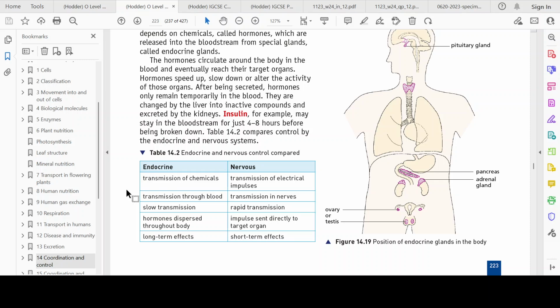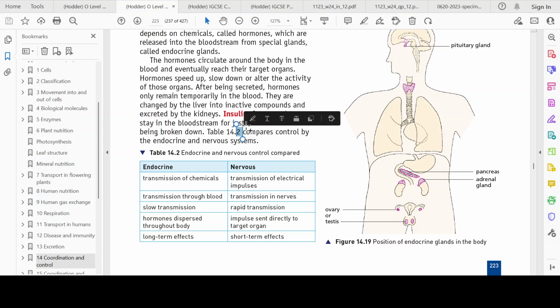And finally, the nervous system produces short-term effects, whereas the endocrine system does produce long-term effects, right? So long-term comparatively. For example, they mentioned over here in the text, insulin may stay in the bloodstream for just 4 to 8 hours before being broken down.